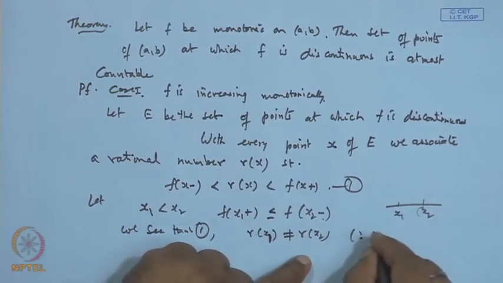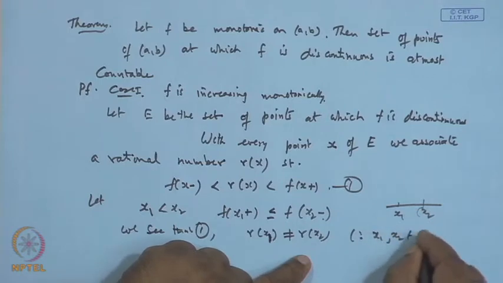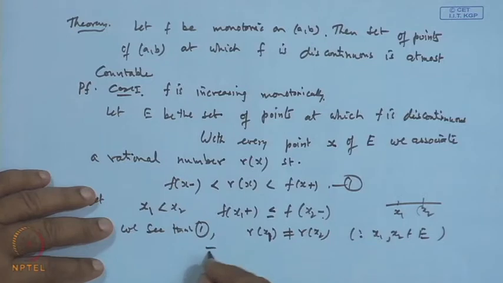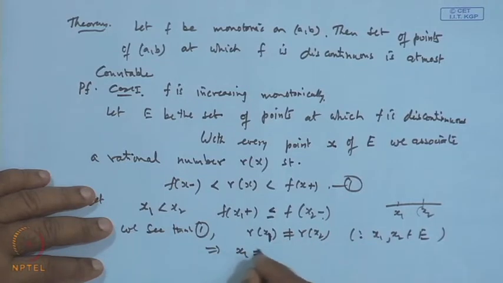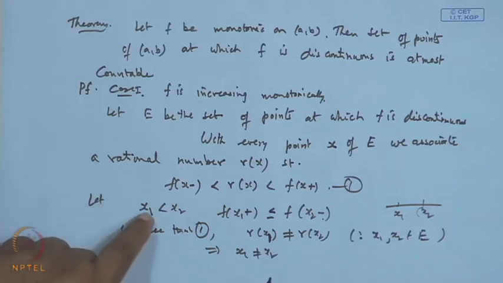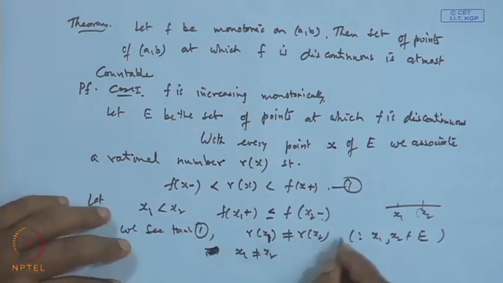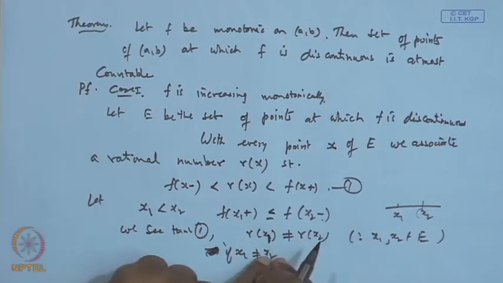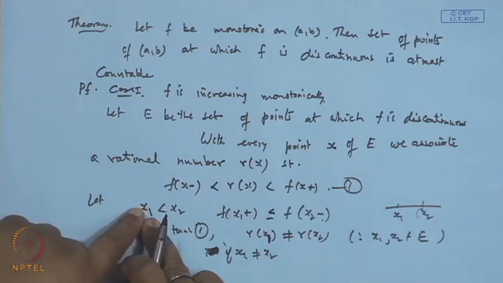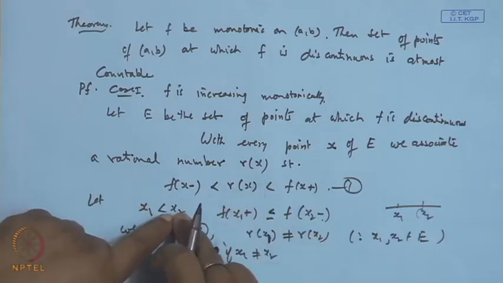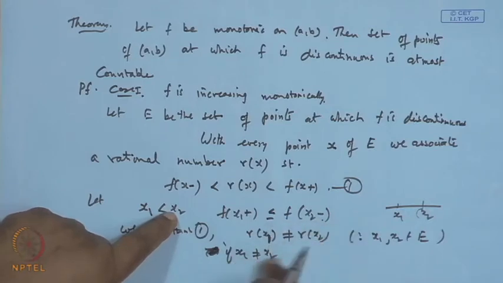Because x1 and x2 are points of E, if x1 is different from x2, then the rational numbers are different.